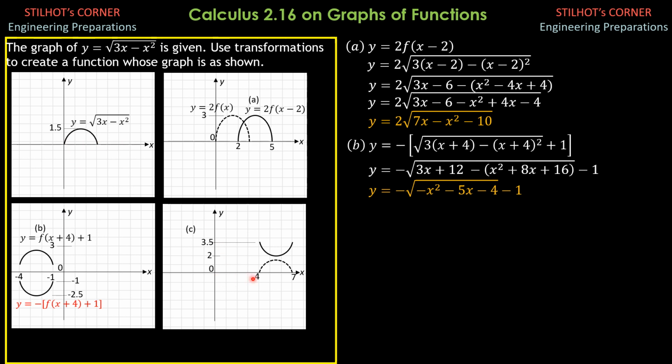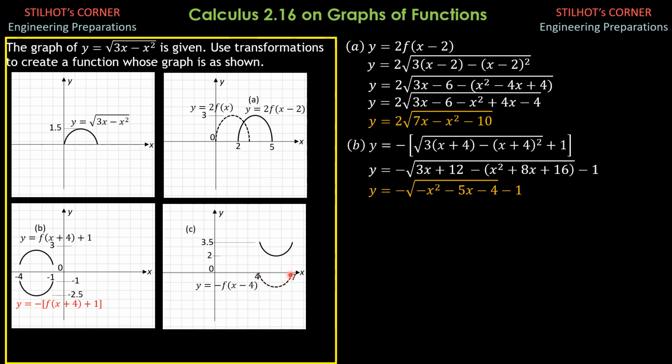So y equals f of quantity x minus 4. Then after we shift it 4 units to the right, that's the general equation. We reflect it about the x-axis. It becomes y equals negative of f of quantity x minus 4.